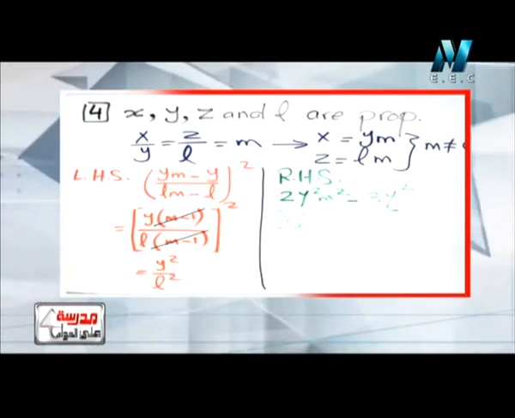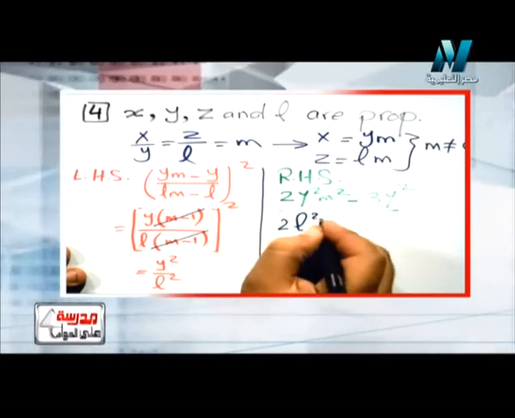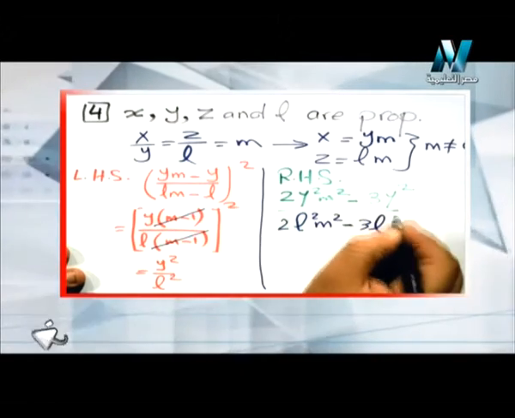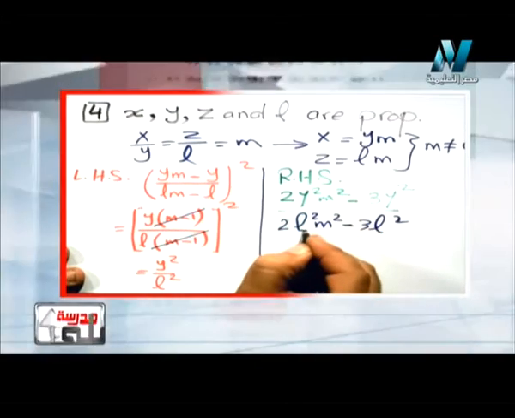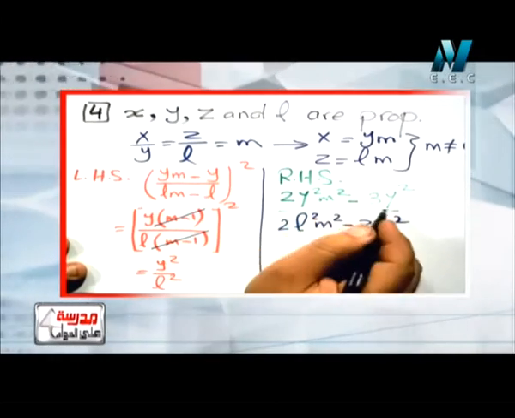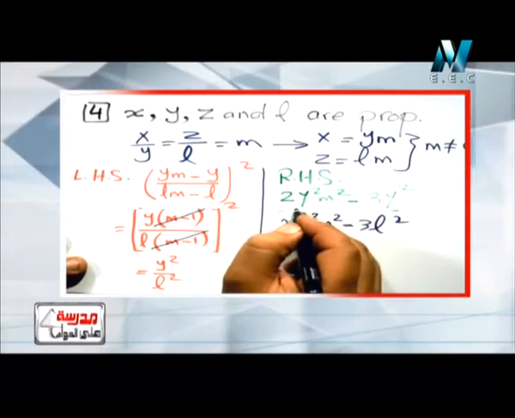I'm going to use another color. 2l squared m squared minus 3l squared. As you see, I replaced z by lm, and here I replaced x by ym. Now we have a common factor over here, which is y squared.